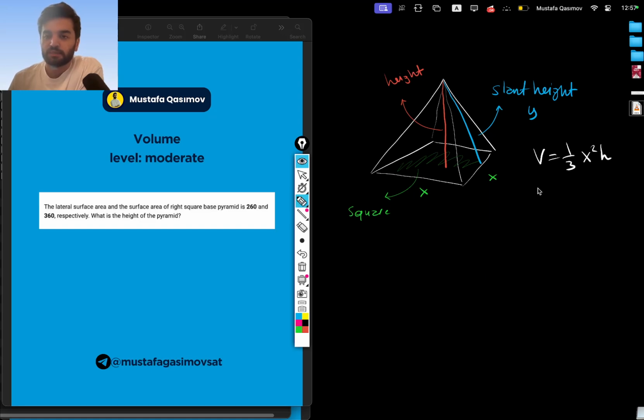The second formula is the surface area formula. Surface area is equal to the base, x squared, plus we have 4 triangular faces here, right? 4 multiplied by the area of each face: 1/2 multiplied by x, the base of the triangle, and the height y, so xy. We can simplify that part and write 2xy here.